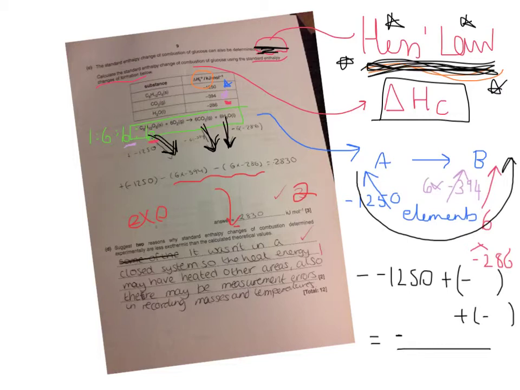I mentioned it wasn't in a closed system, so it wasn't standard conditions. What you could have done, I'm just going to type it now, is put not fully combusted, or something on the lines of not everything burns. What else could have done?